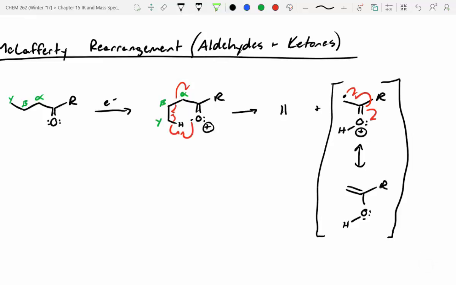And then this oxygen's still going to be a radical. Does that make sense? So I'm just going to put the positive charge on the outside. But this is a resonance stabilized fragment, due to that radical.